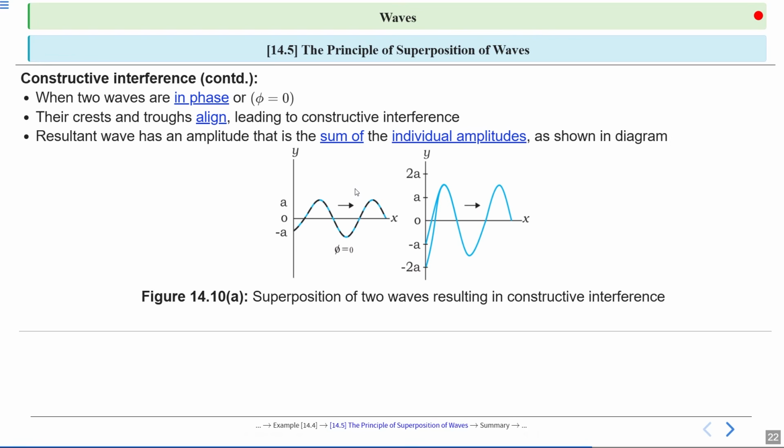The important term here is the sum of amplitudes of the individual waves. So you can see this clearly in figure 14.10a, where the two waves overlap. The new wave is taller than either original wave. Alright.